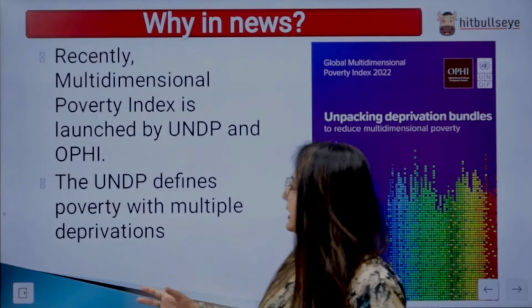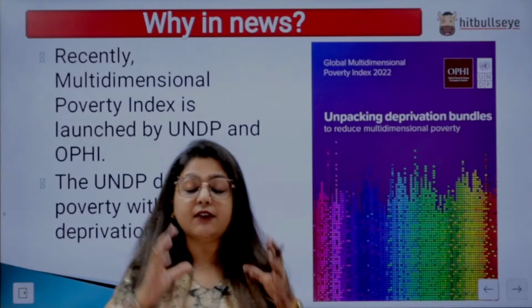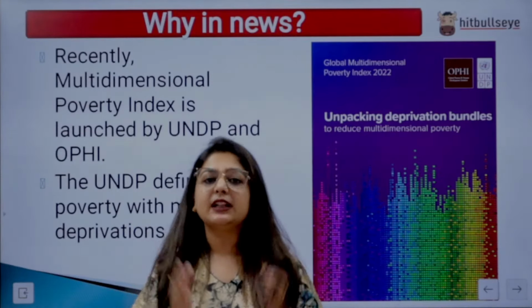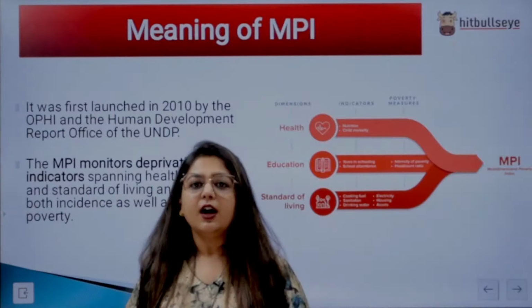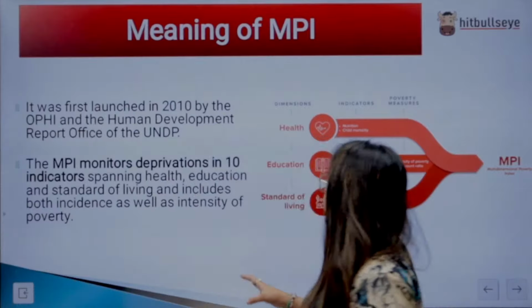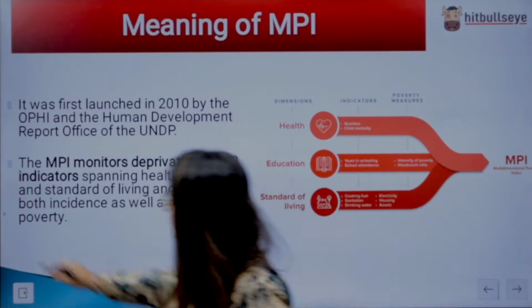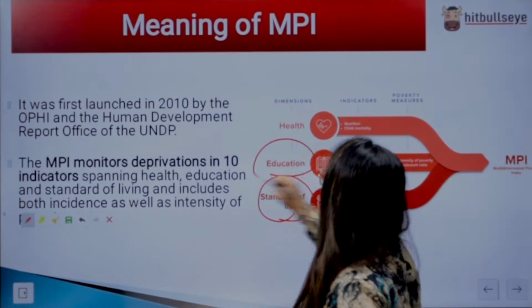So firstly, let us understand how these organizations have defined the Global Multidimensional Poverty Index and what are the indicators that are taken into account. Ideally, you can see here, there are three key indicators, that is health, education and standard of living.